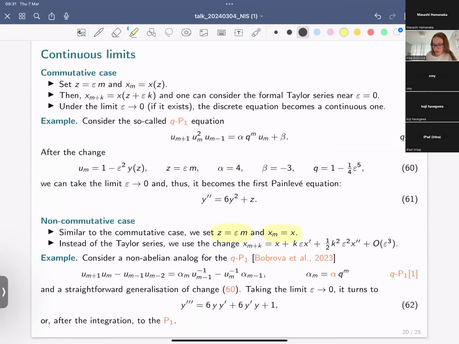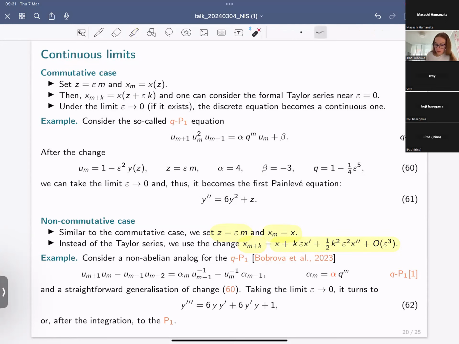I mean that if we shift our index m by k, for each k we can define this polynomial in the parameter epsilon.